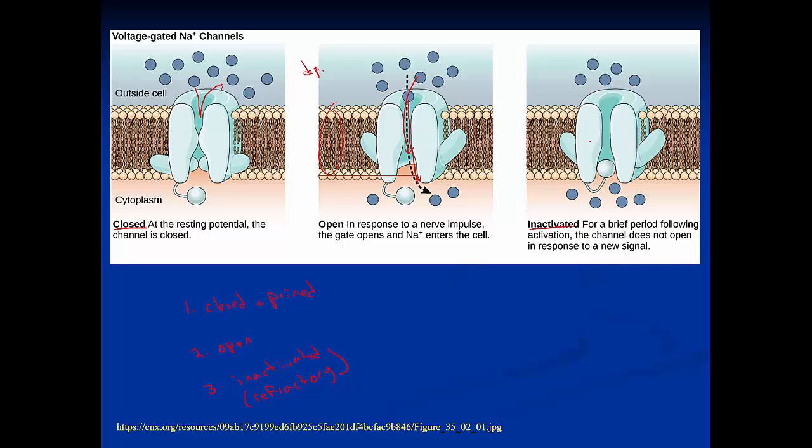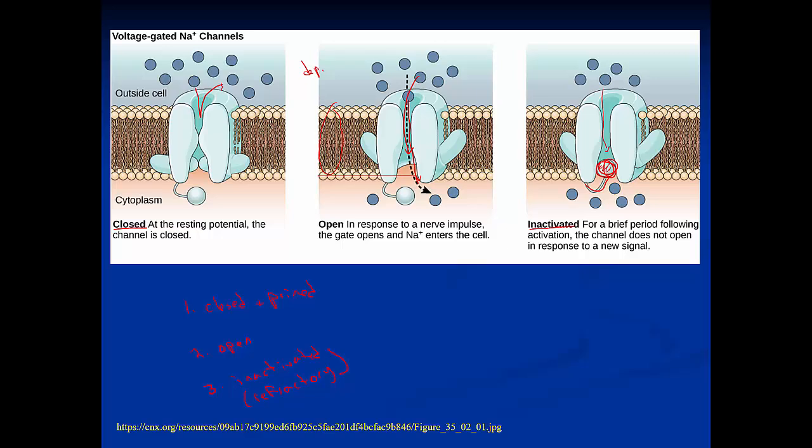So in this case, what stops the flow of ions is actually another change in shape so that the channel's blocked. You can think of it, this is open, but the ions can't flow through because there's a gate preventing them from going.